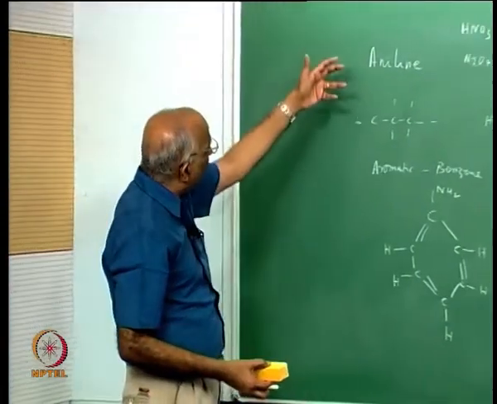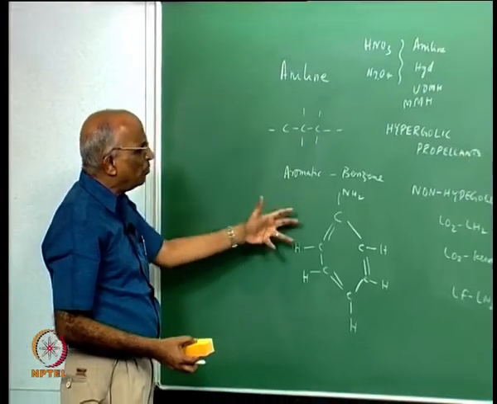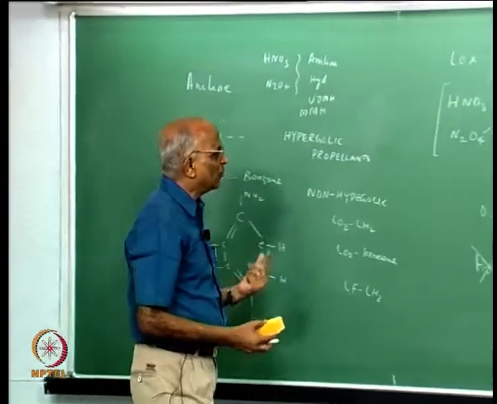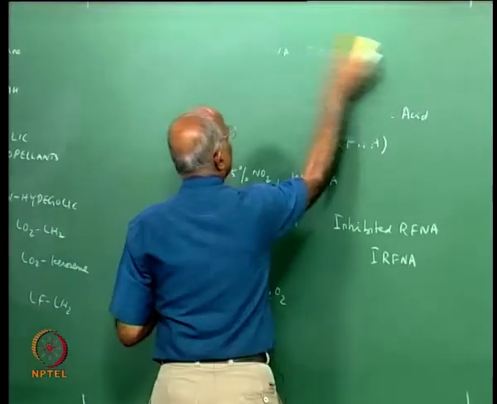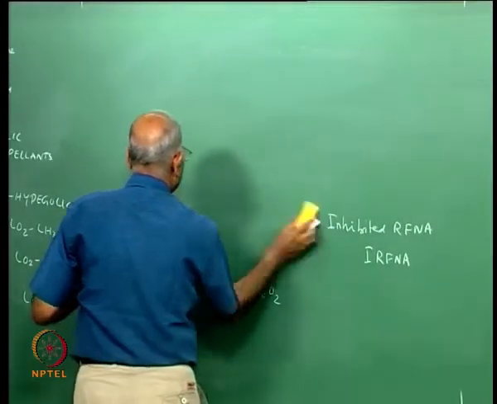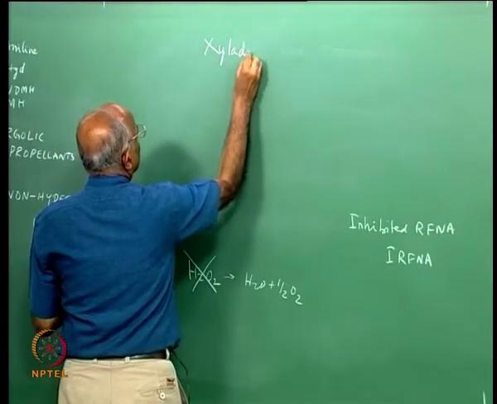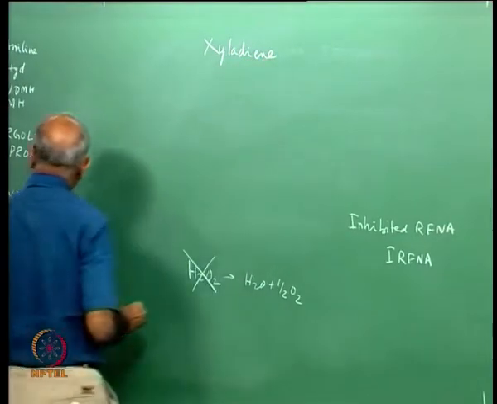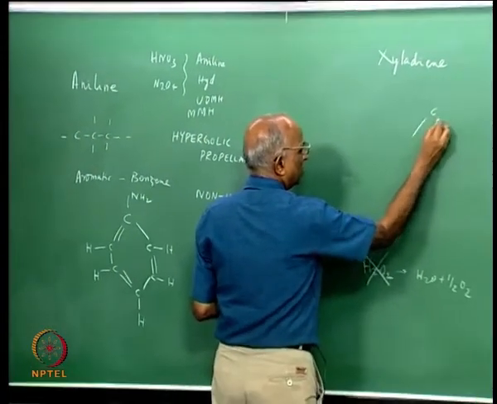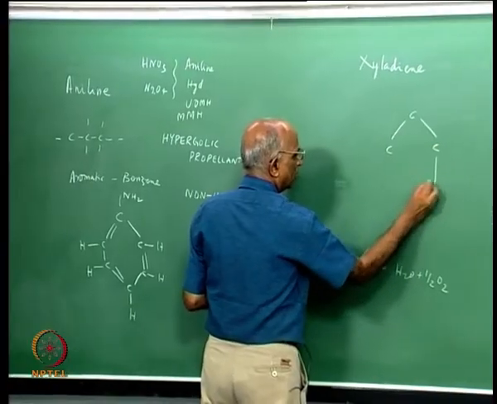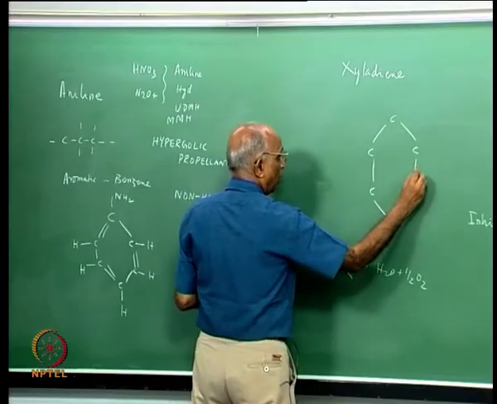This aniline was extensively used in the 70s and 80s, but as a slight improvement over aniline, one very last fuel which I will talk of is known as xylidine. In xylidine you have the same aromatic structure, with alternate double bonds.